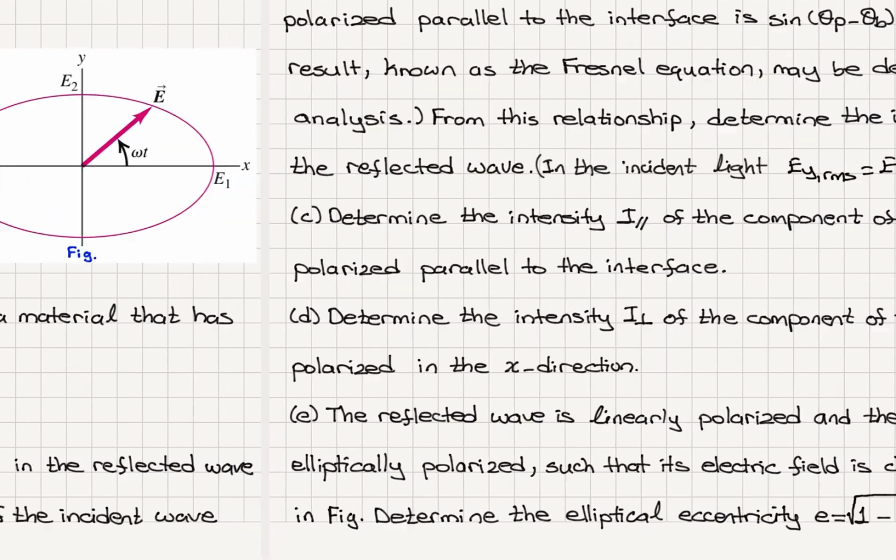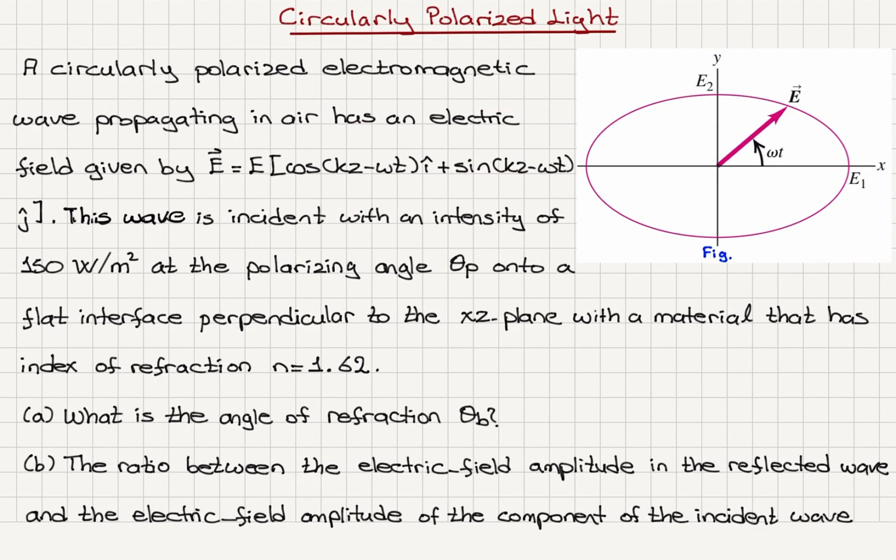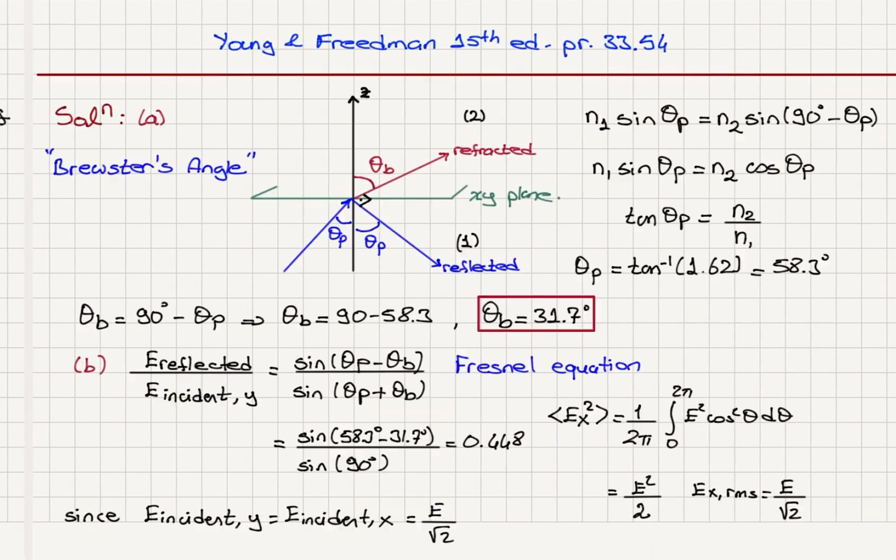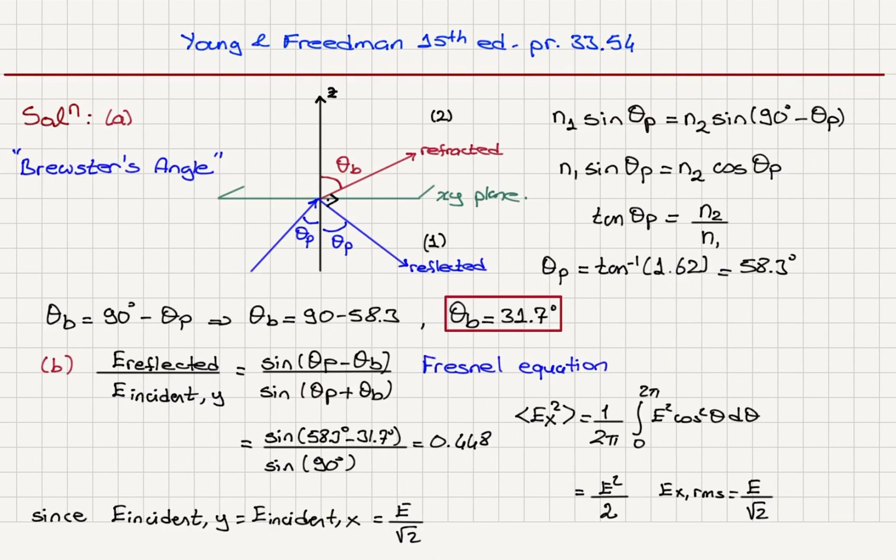Why? Because if you look at this electric field, x component squared, E squared cosine squared theta, plus y component squared, E squared sine squared theta, is E squared. So Ex squared plus Ey squared is equal to E squared.